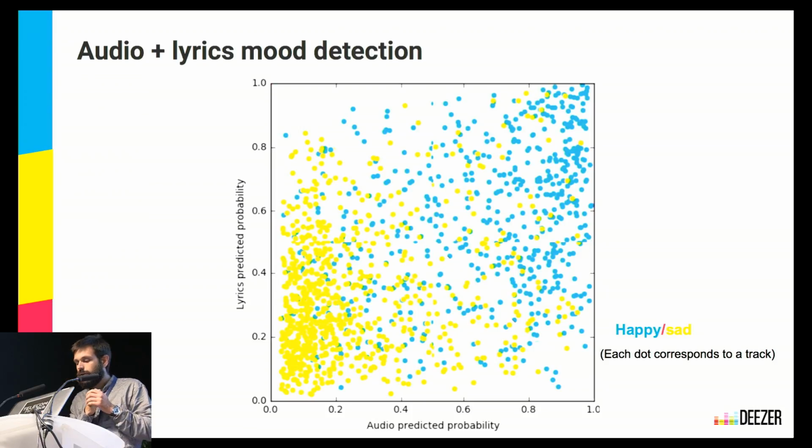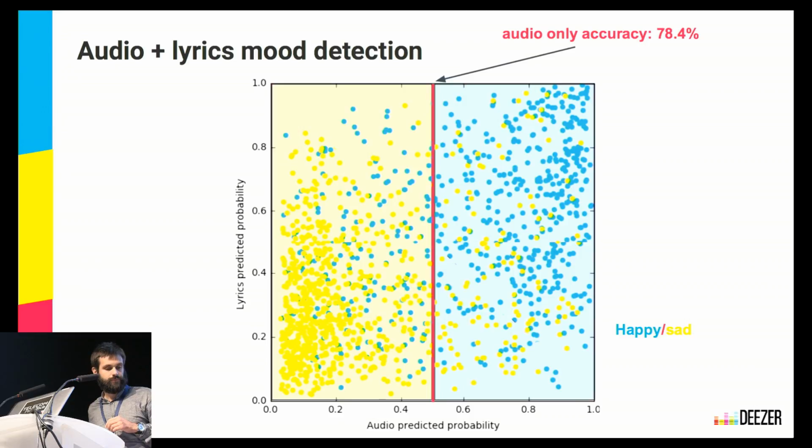And then if you plot both probabilities in this plot, for every track you get that kind of figure, where blue points are happy tracks and yellow points are tracks that are annotated as sad. So if you take a decision based only on the probability predicted by the audio, you will have this vertical bar, and you predict everything on the right as happy and on the other side as sad.